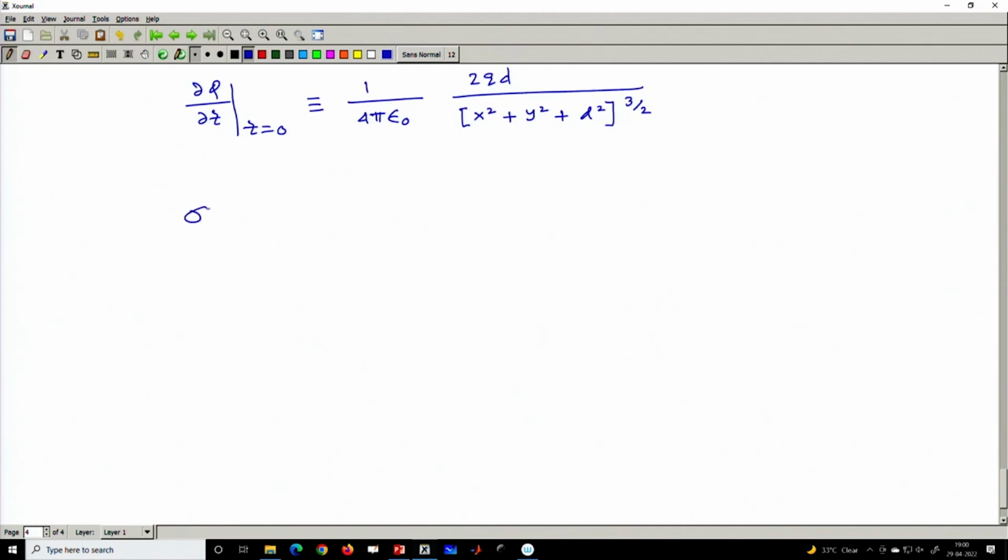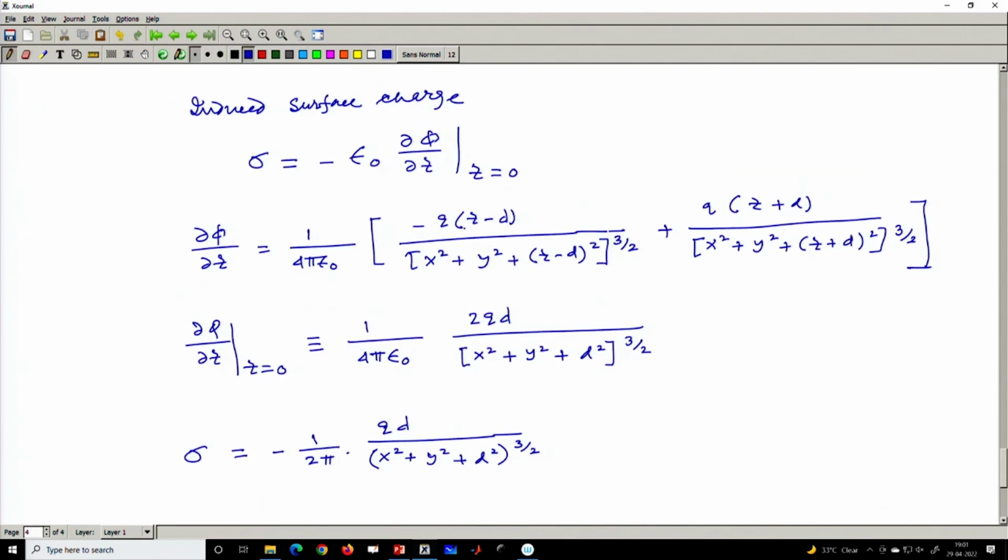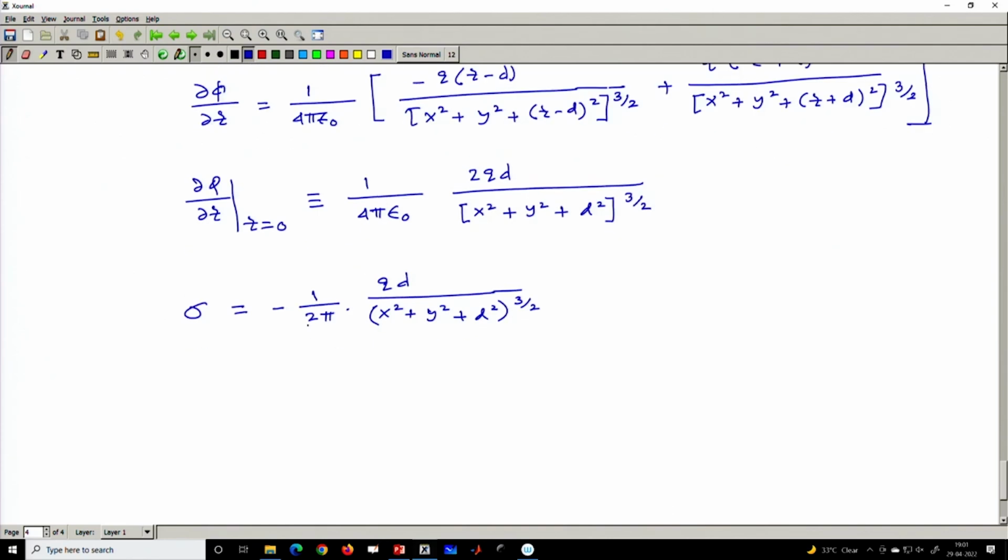Now my sigma is minus 1 by 2 pi, q d divided by x square plus y square plus d square whole to the power 3 by 2. I just use the formula sigma equal to minus epsilon 0 times the derivative; epsilon 0 cancels out, and the 4 is cancelled by this 2.